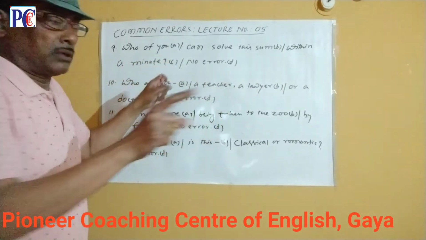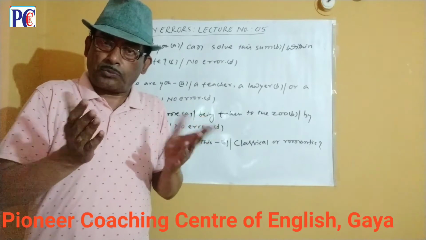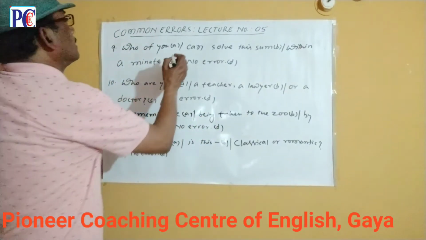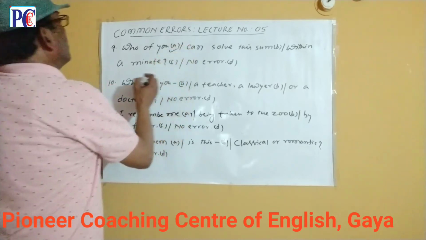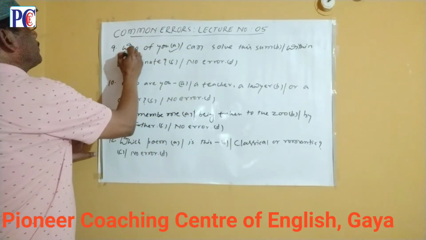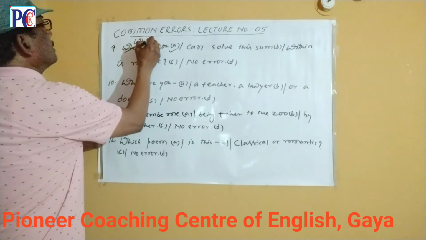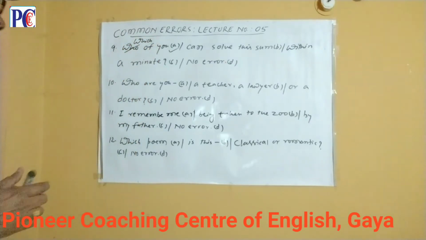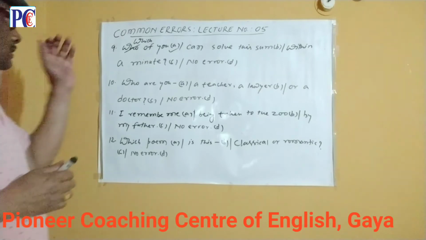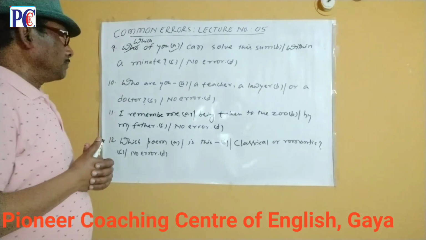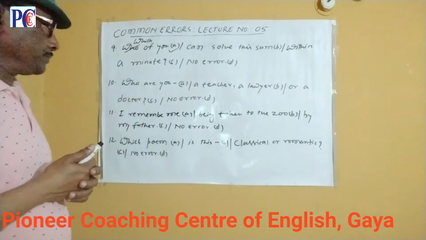Who among you? The sense is that of choice. So who is not correct in part A. The error lies in part A. The interrogative pronoun who must be replaced by which. Hence, students, the correct sentence is: which of you can solve this sum within a minute?